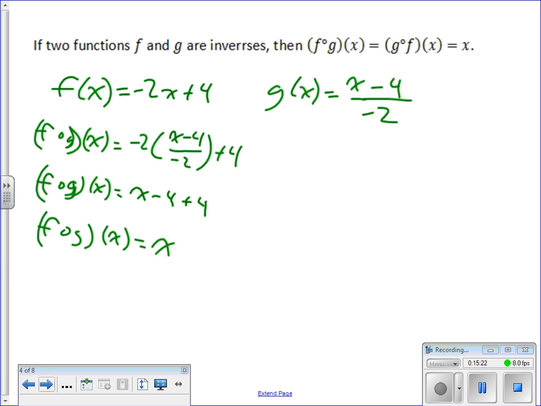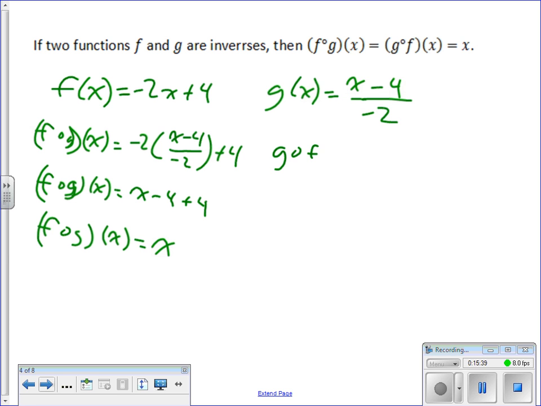Am I done? No, because it says both of them. It's extremely rare that only one does and the other direction it doesn't. But if you don't check, you're not doing enough. You're only going halfway. You got to go all the way. So you do it again.